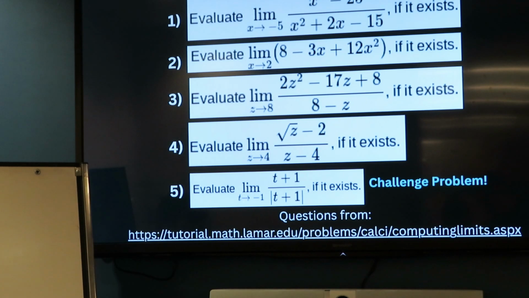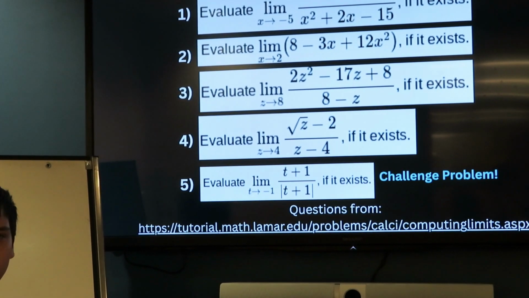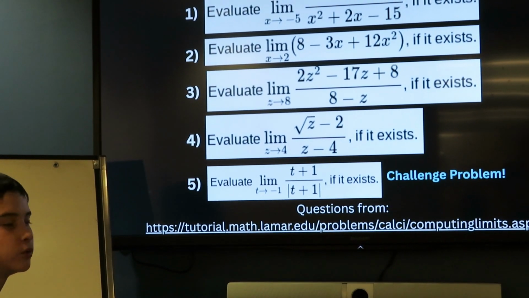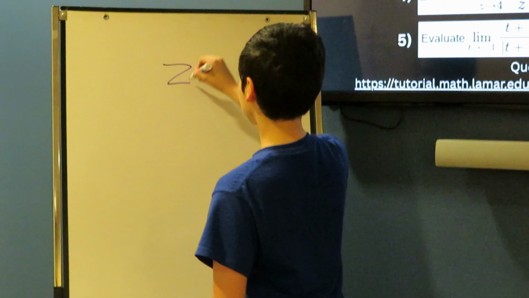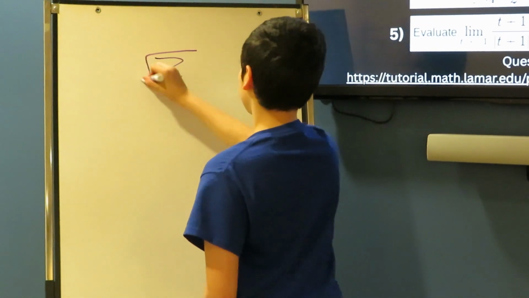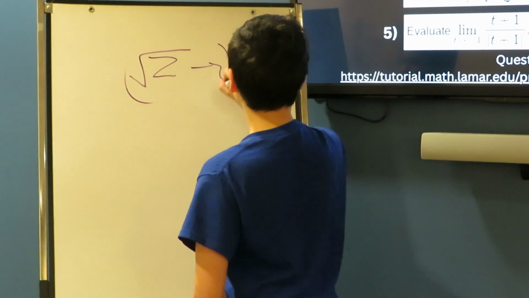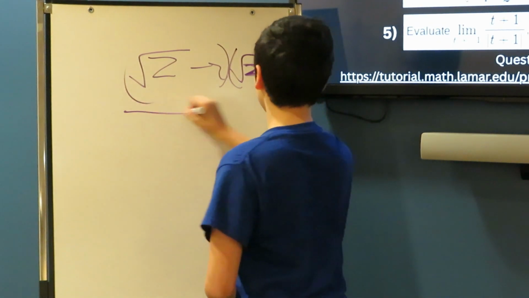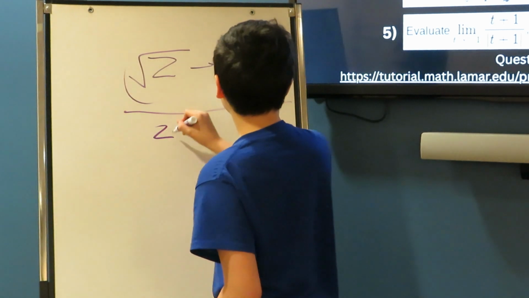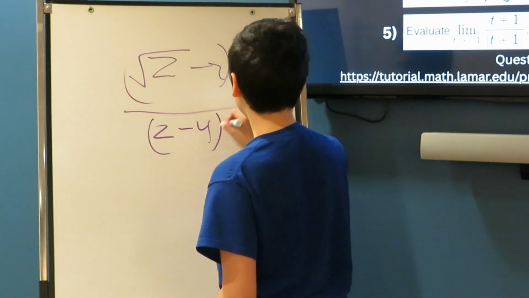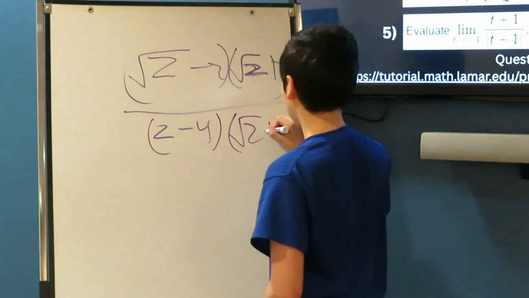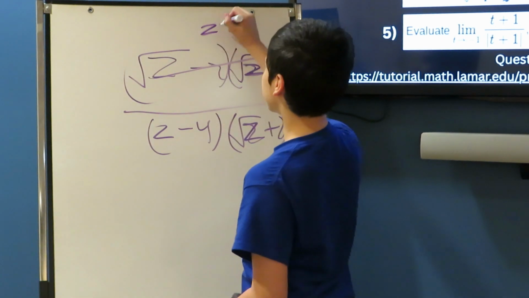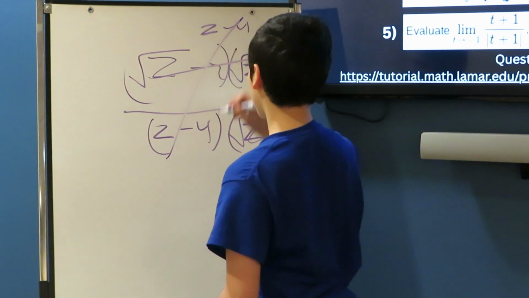For the fourth problem, we see that if we substitute in z equals 4, we get 0 over 0 as well. But now, we have a radical in the numerator, so we can use the second method by multiplying the top and bottom of the fraction by the conjugate of the numerator, namely square root z plus 2. Top evaluates to z minus 4, so we can cancel the top and bottom out.